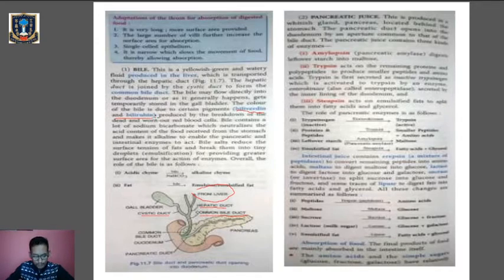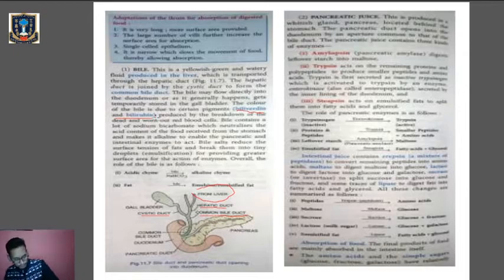Bile also contains a lot of sodium bicarbonate, and this will neutralize the acid content of the food from the stomach and make it alkaline, so that the pancreatic and the intestinal enzymes will act on the food. Then next one is bile salts will reduce the surface tension of the fat and break it down into tiny droplets, providing greater surface area for the enzymes.